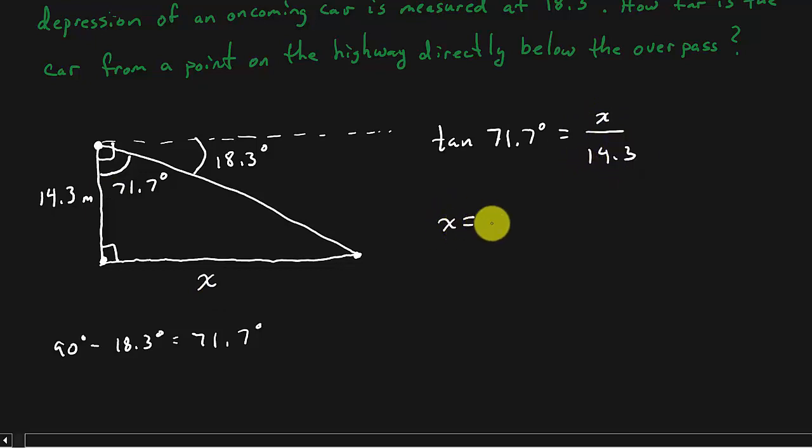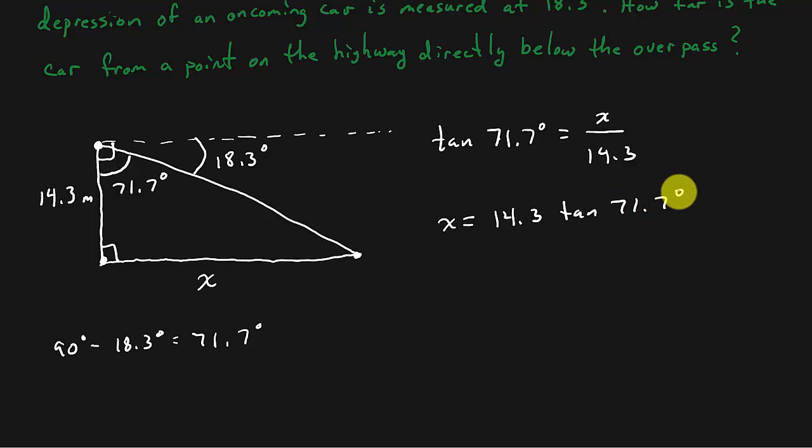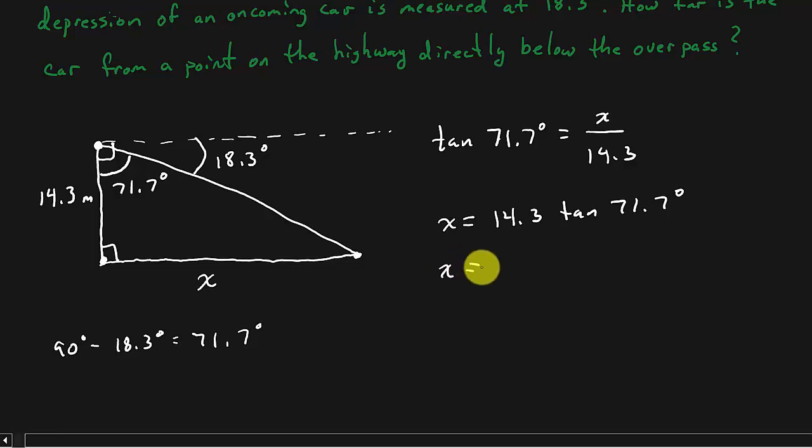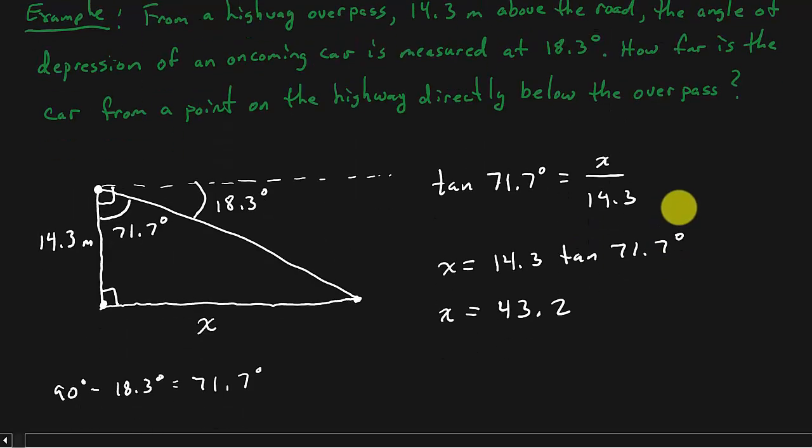And so x is equal to 14.3 times tangent 71.7 degrees. And that is going to give me 14.3 times tangent of 71.7. And that is x is equal to 43.2. And what is it? That's meters.